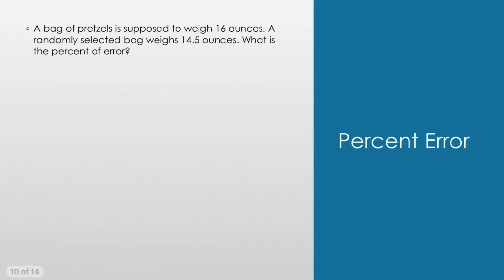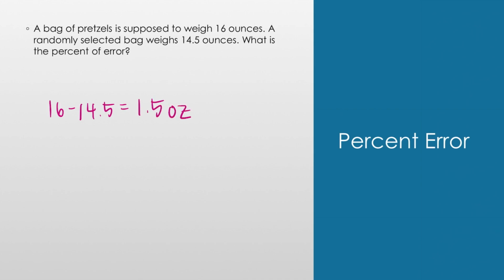Percent error. Let's say a bag of pretzels is supposed to weigh 16 ounces. A randomly selected bag weighs 14.5 ounces. What is the percent of error? So the percent of error is basically saying how far off of the original it is. So first we have to find out how far off it is. So 16 minus 14.5 is 1.5 ounces.